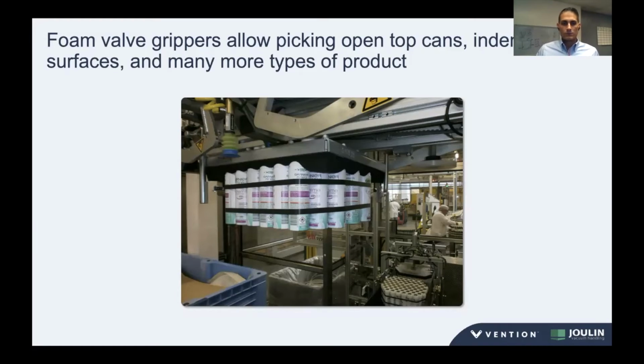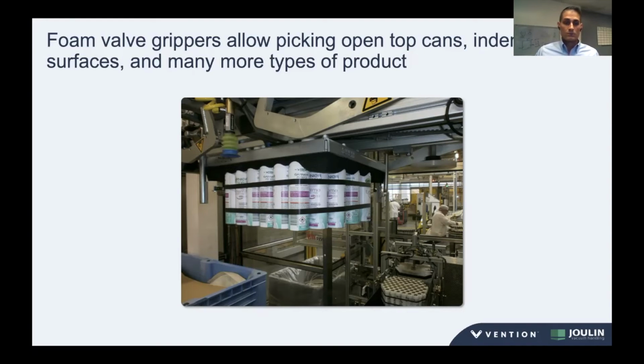A foam valve gripper is a very unique gripper because it's a port gripper with a foam on it that is actually acting as a check valve. It may sound a little confusing, but the foam has a small port in it, and it's machined in a way that if there is an open space, like you can see in the center of the screen, where there are areas around those cans not completely covering the foam, it still works. When palletizing cans, there's really not a good way to make sure that the full layer is covered.